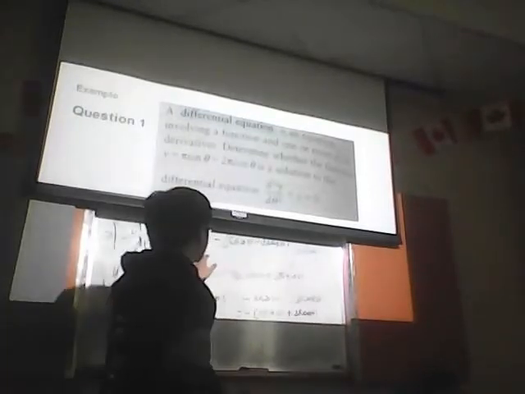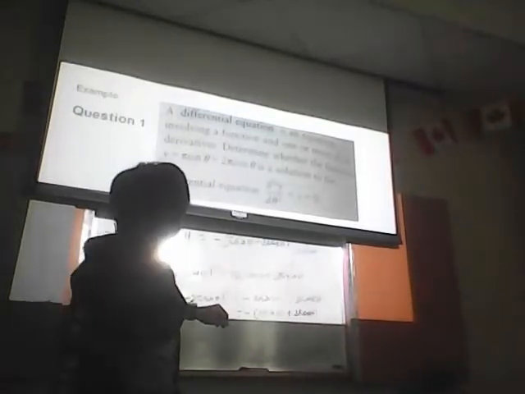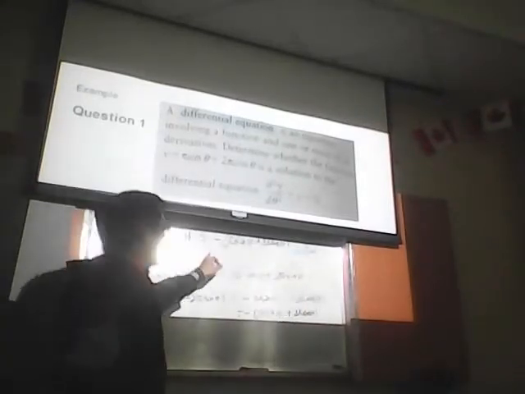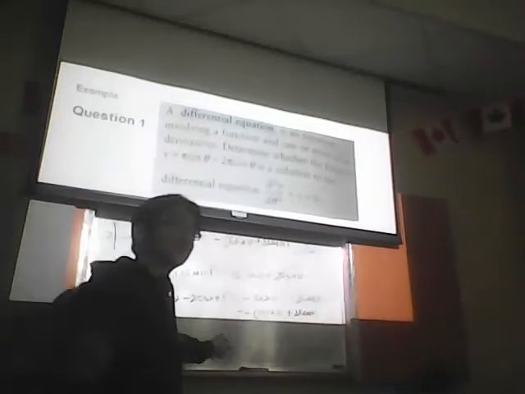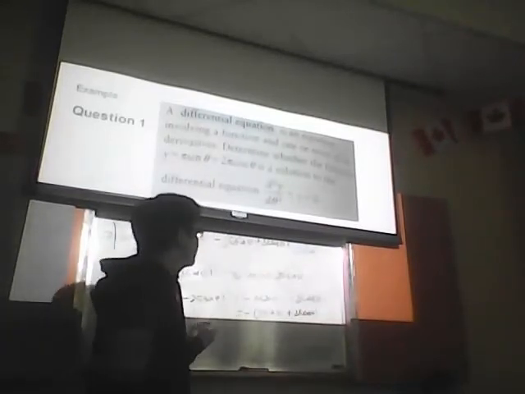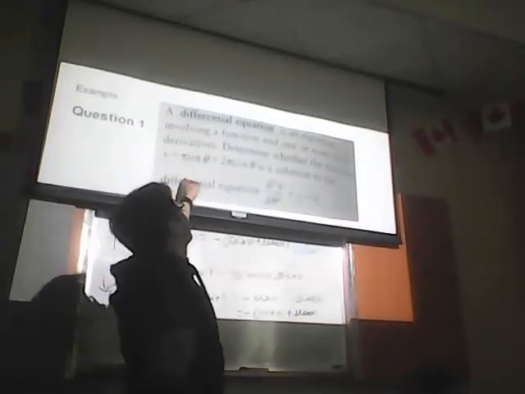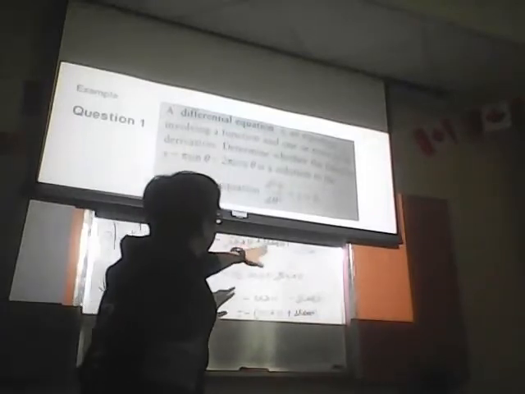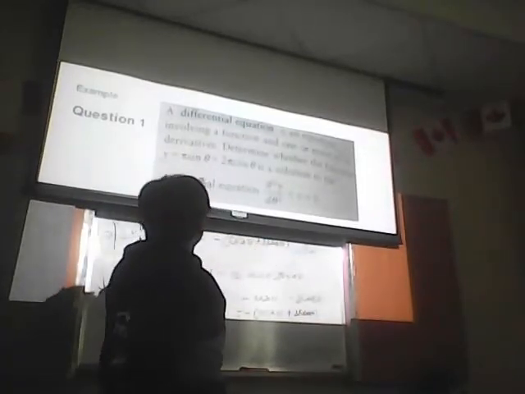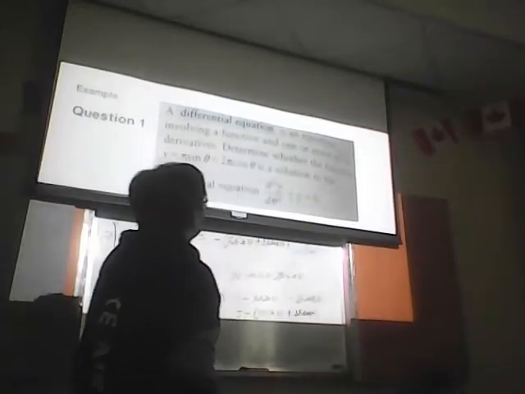Oh sorry, you can see these two are equal to each other. They are the same. So it is true that y equals pi sine theta plus 2 pi cosine theta is a solution to the differential equation.